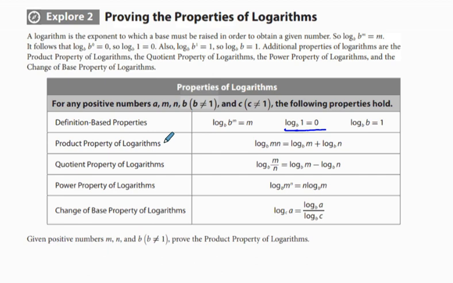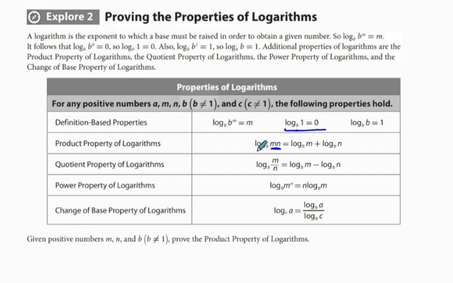Then you have the product property of logarithms, where if you have the log of two numbers multiplied together, it is the log of the first factor plus the log of the second factor.